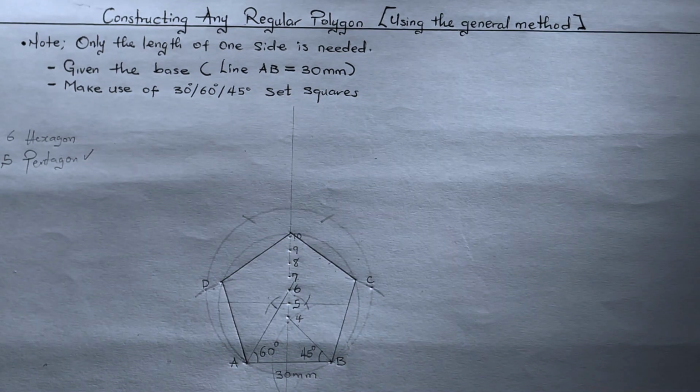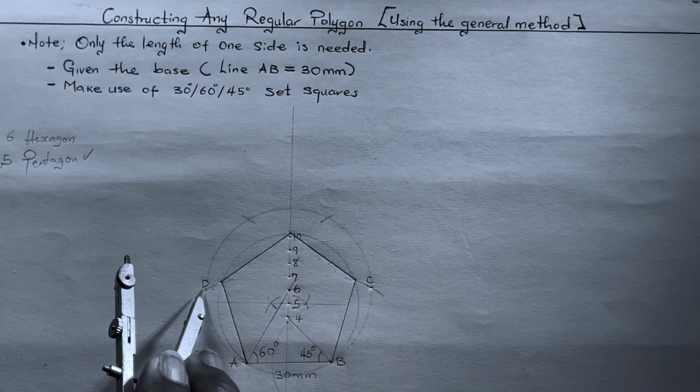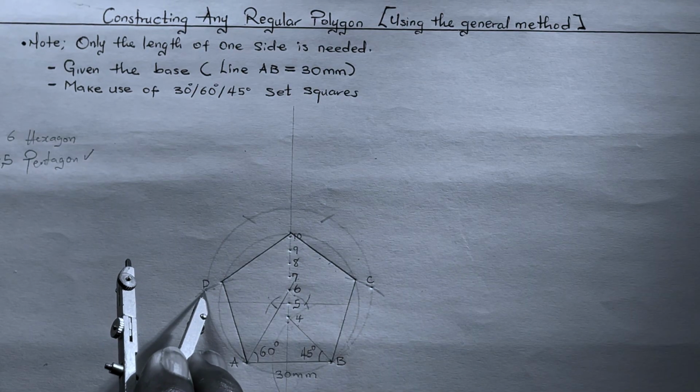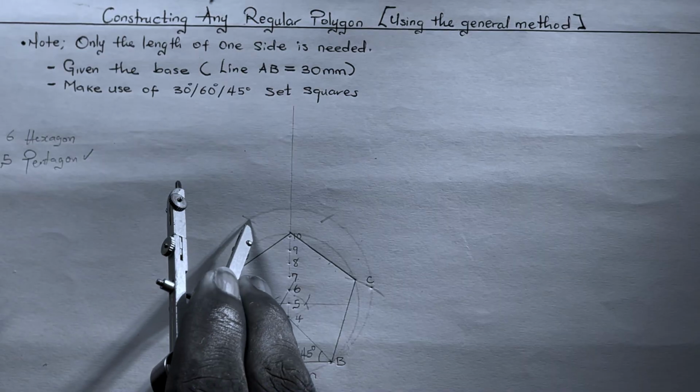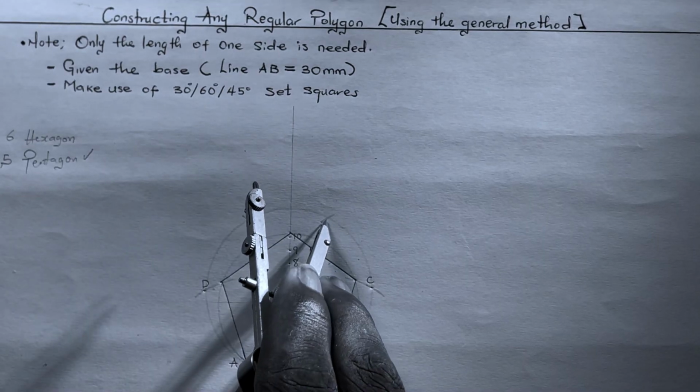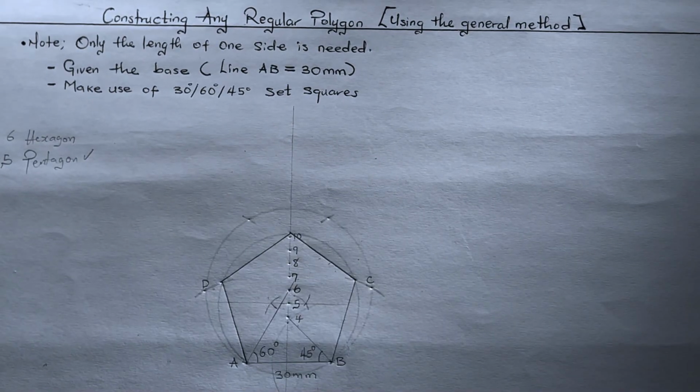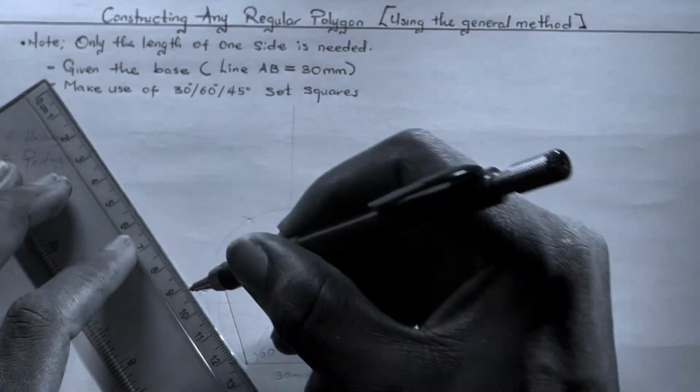We are going to join every point of interception, starting from this to the new point of interception, to the new point of interception, and to the new point of interception. Joining those lines together gives us our hexagon.